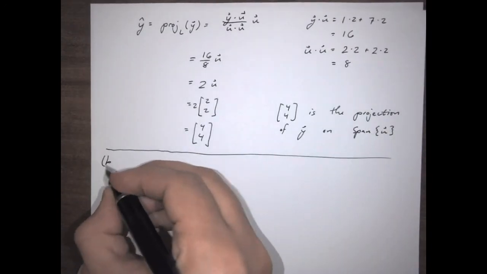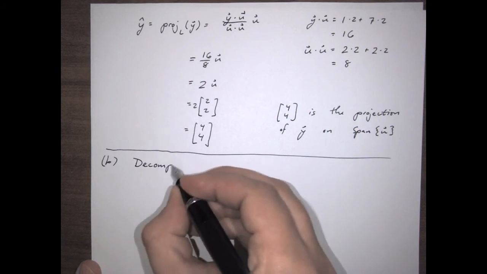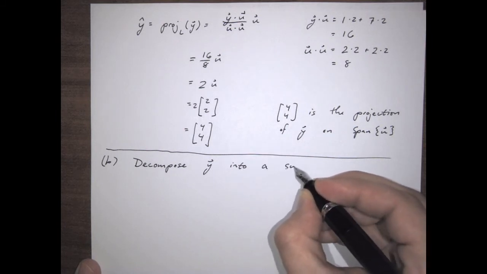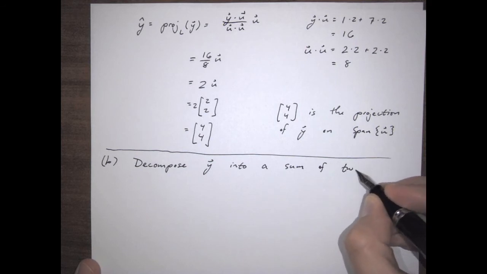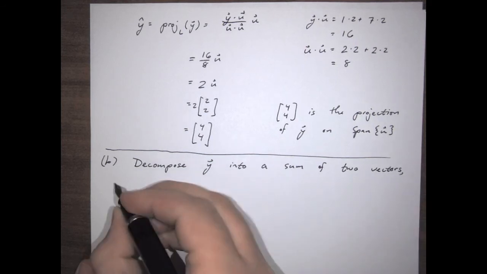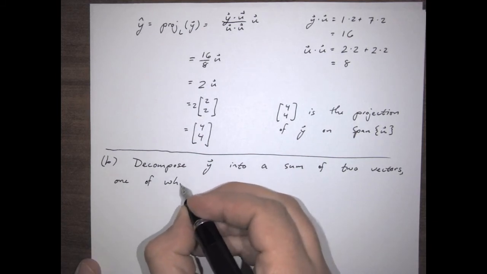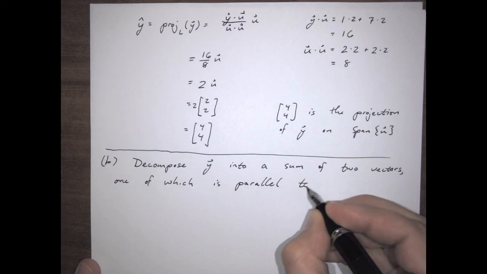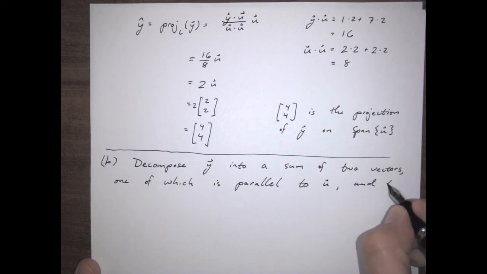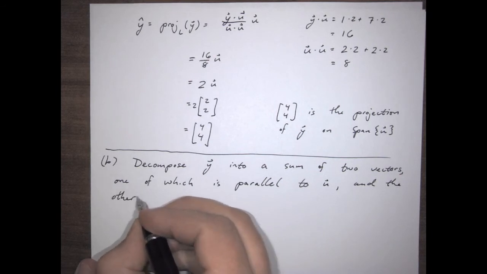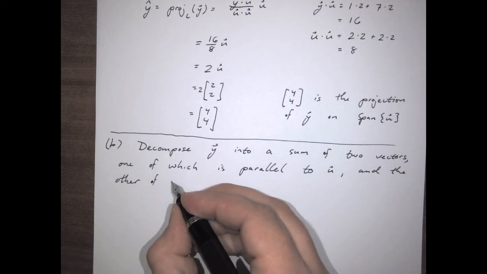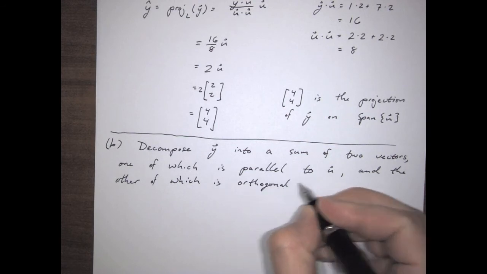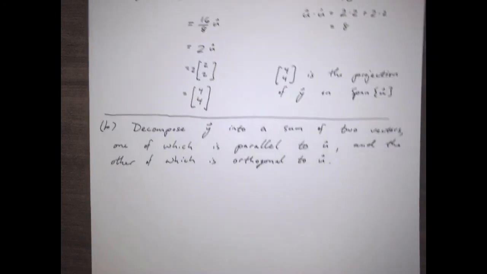Okay, now B will be decompose y into a sum of two vectors, one of which is parallel to u, and the other of which is orthogonal to u.